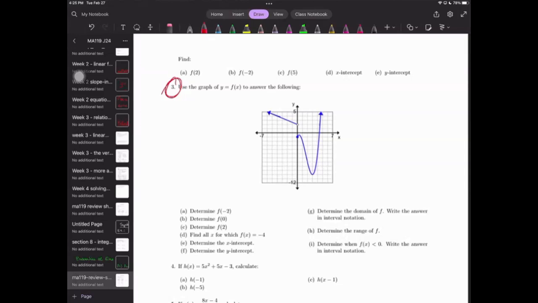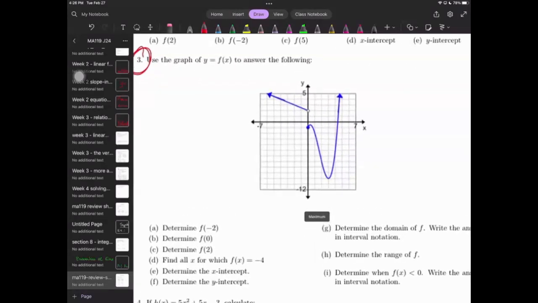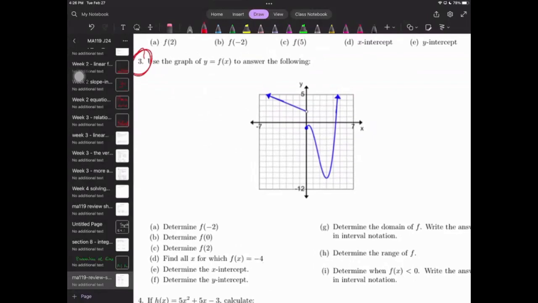We're going to use the graph of y equals f of x that you see there and determine the following things. So part A, we want f of negative 2. For part A, you have to locate x equals negative 2. Remember, this is the function notation.